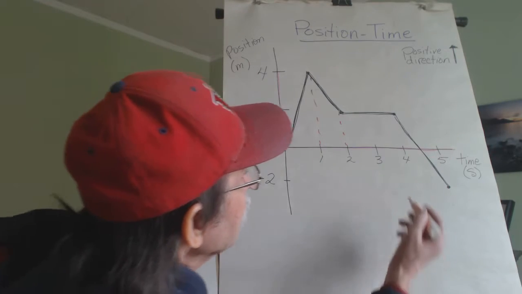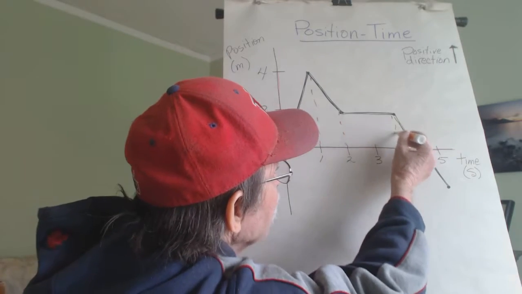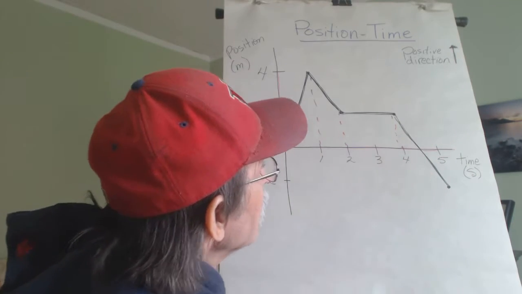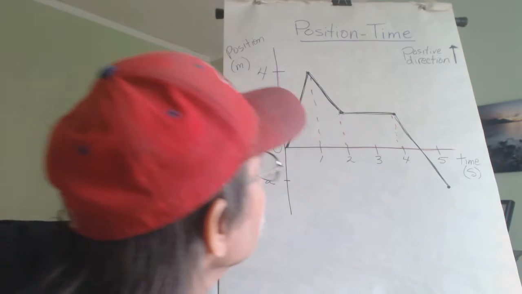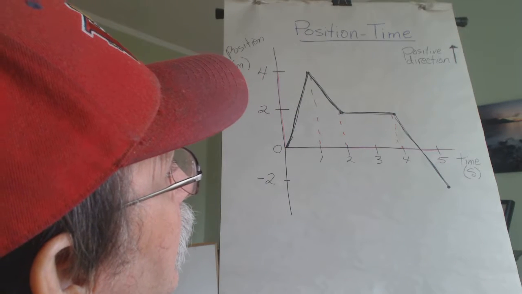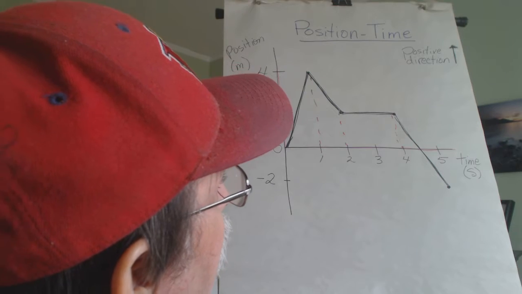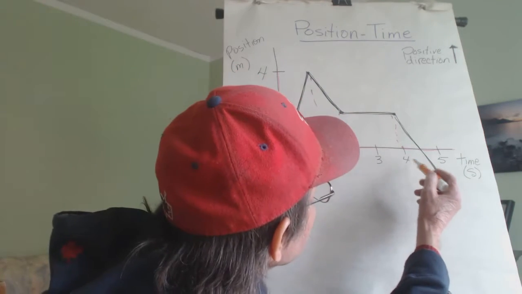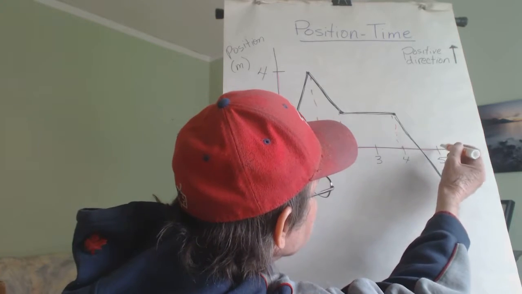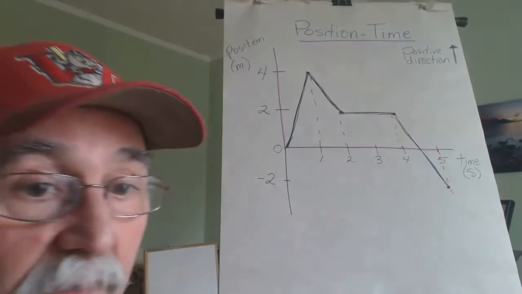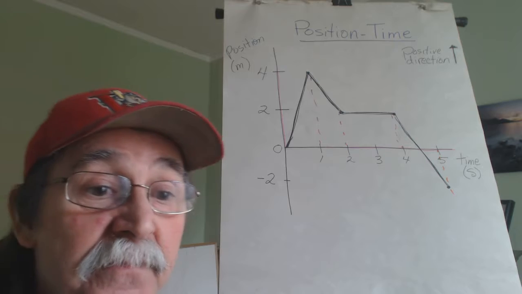The third interval is from 2 to 4 seconds. And then the fourth interval is from 4 to 5 seconds. Sorry, got myself a little bit confused there for a second.